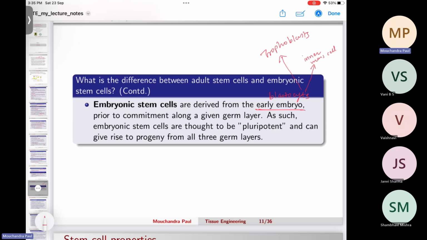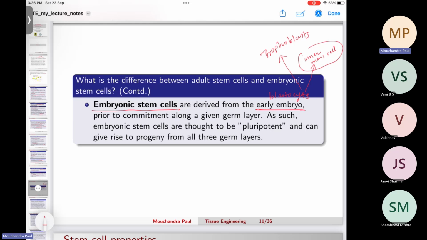So people have found in a few of the inner cell mass cells, okay, they are the embryonic stem cells, because these embryonic stem cells can basically form tissue from any of the germ layers like the endoderm, ectoderm or mesoderm.